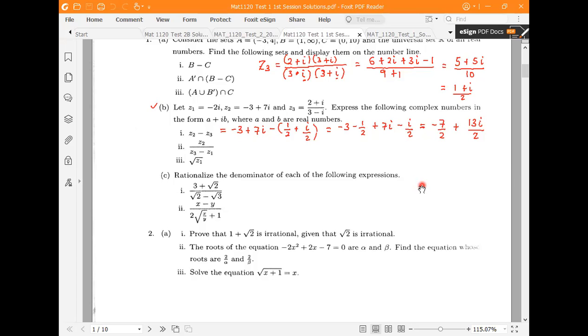Sir, hello. I wanted to ask on the second part for negative 3 plus 7i. How are you multiplying negative 3 by half and then you do plus? Kindly explain. So here we picked this minus 3 and this minus half, those that don't have i's. And then we've got the common denominator here.